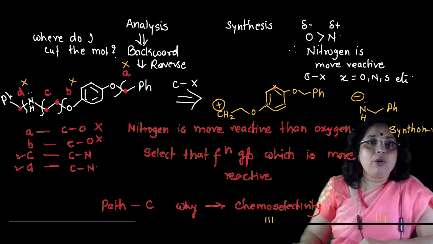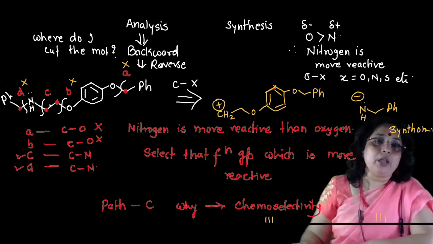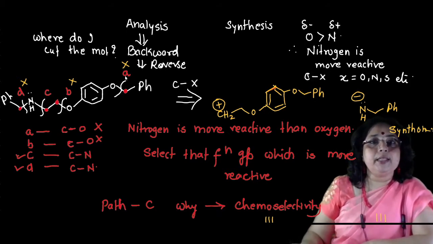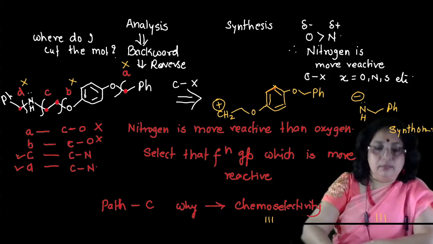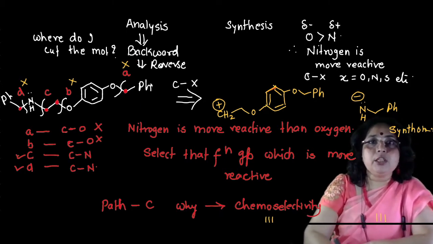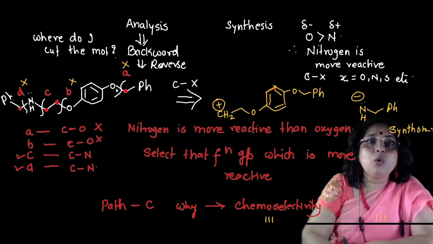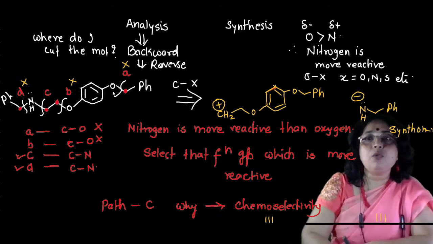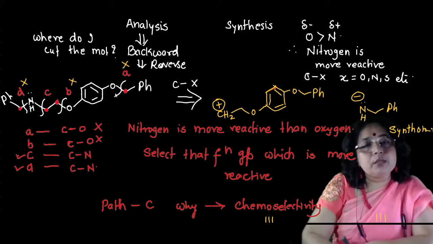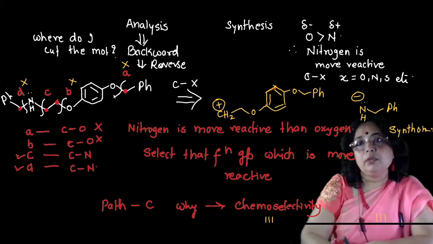Now here I have already drawn this molecule and you can see that there are various disconnections I have put over here. Now I just wanted to explain over here that whenever there are more functional groups, you have to find out which functional group is more reactive, which one is the most reactive one.